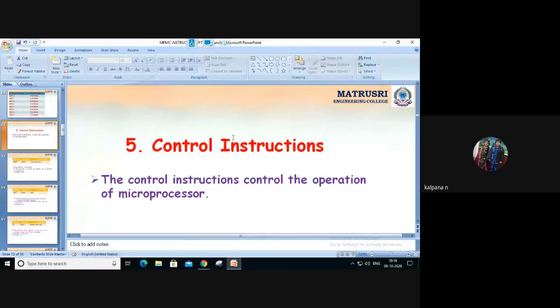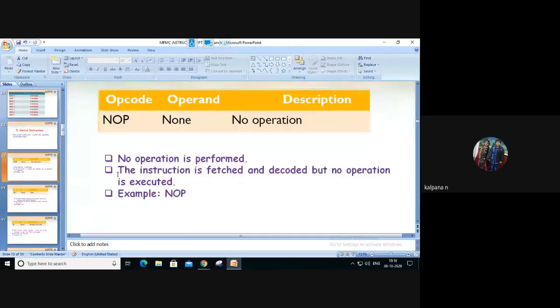Like that we can control the microprocessor programs. Example: NOP. NOP means no operation. Wherever we write this instruction NOP, what will the microprocessor think? At this time no operation will be performed. No instruction is fetched, which means the microprocessor will not take any instruction from the memory or the input devices, and no instructions will be executed. It won't do anything.